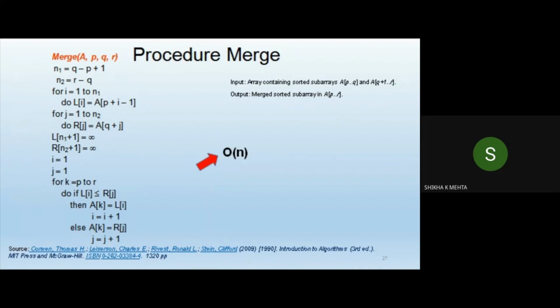First of all, we take one array which stores the left part of the array, and another array which stores the right part of the array. And here, how do we come to know that there are no more elements in the array to be combined? How do we say this is the last element to combine and nothing is left?